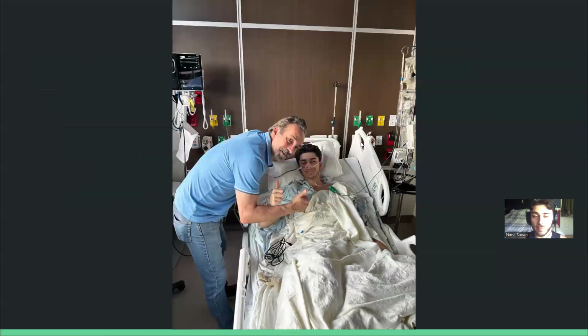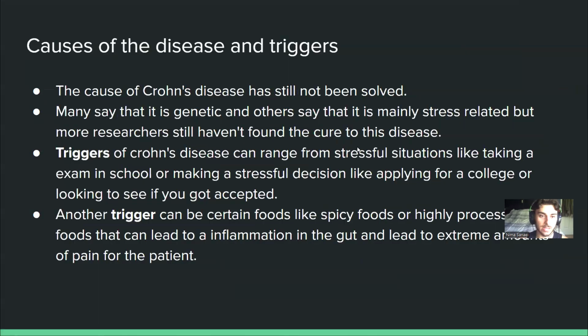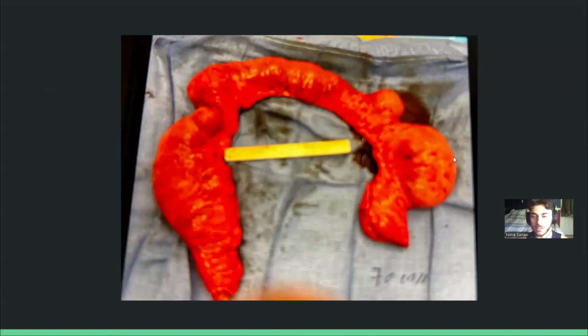And actually, if we're talking about famous people, I actually have Crohn's disease myself. If we go back a couple of slides, we're able to see this was actually my intestine. So I just thought I'd throw a picture on to show you guys an example of an in-person piece of intestine that got taken out of me.